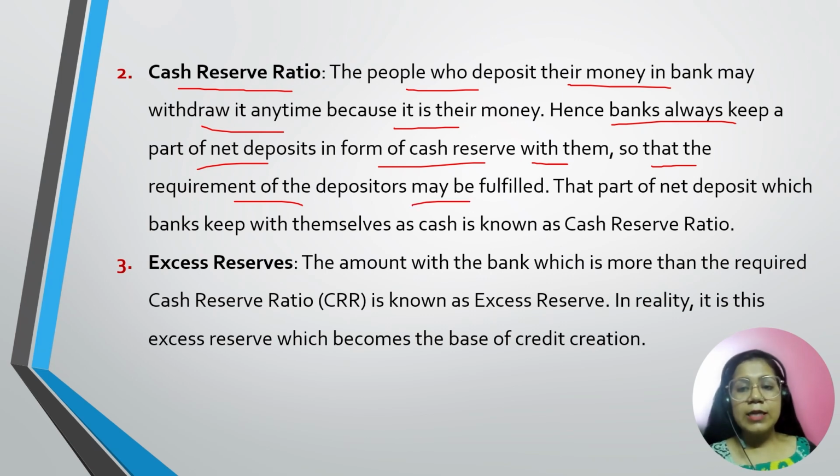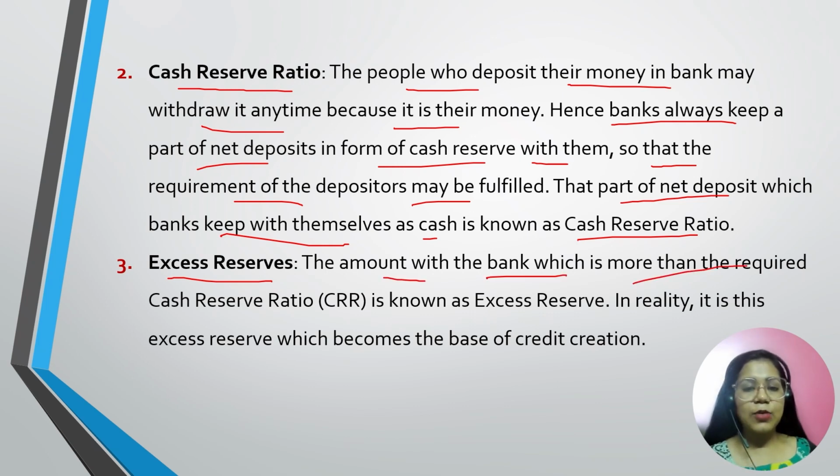This part of net deposit which the banks keep with themselves as cash is known as the cash reserve ratio. Similarly, there is something known as excess reserves. These are the amount with the bank which is more than the required cash reserve ratio, and this is known as excess reserves. It is this excess reserves which becomes the base of credit creation.